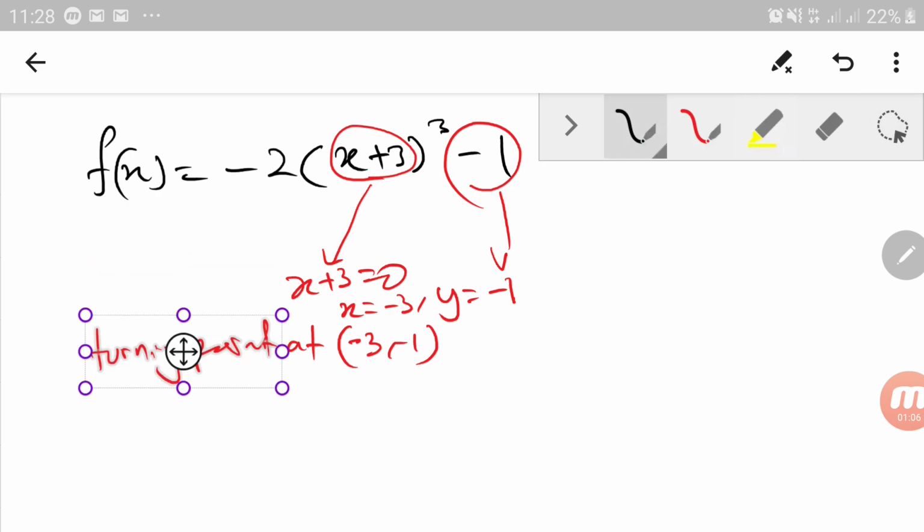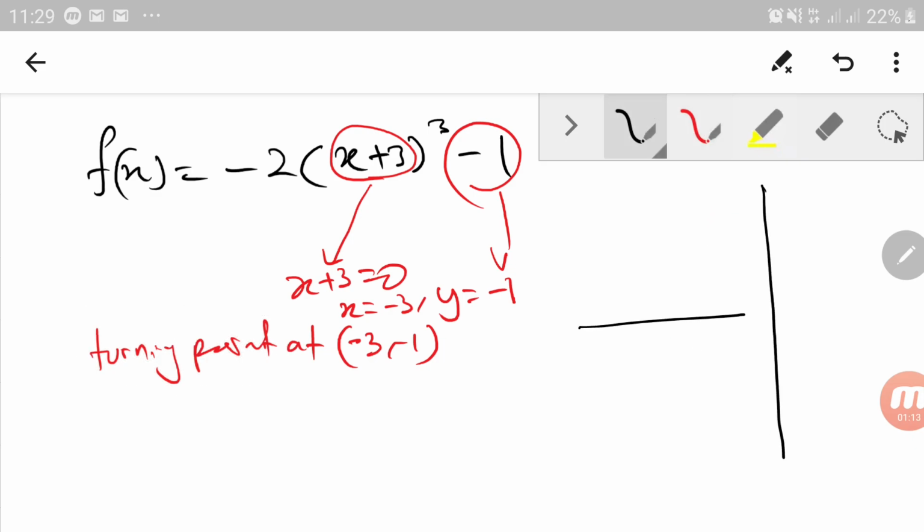Now we know the turning point, so let's put it over here. (Minus 3, minus 1) is somewhere here. Let's claim this is minus 3 and this is minus 1. Now we want to know which type of curve we are expecting.